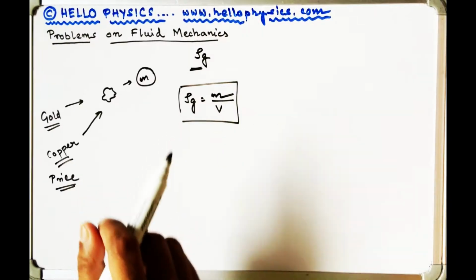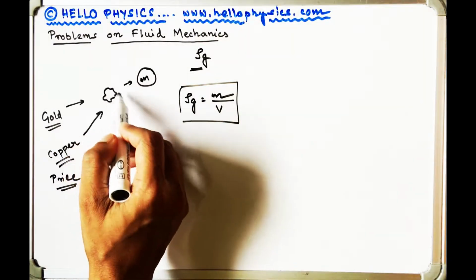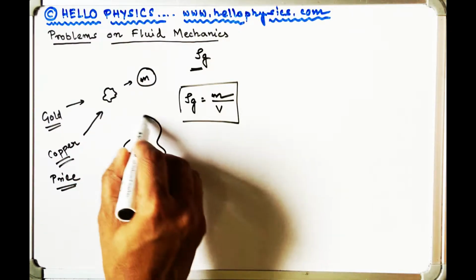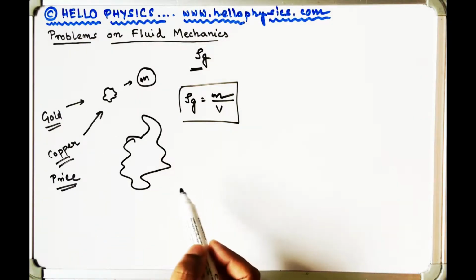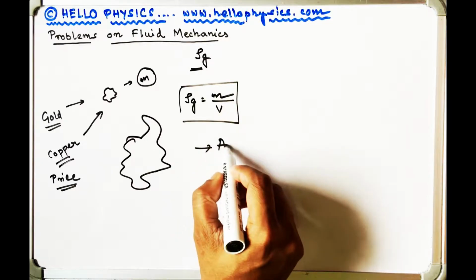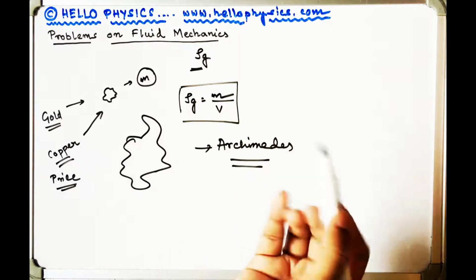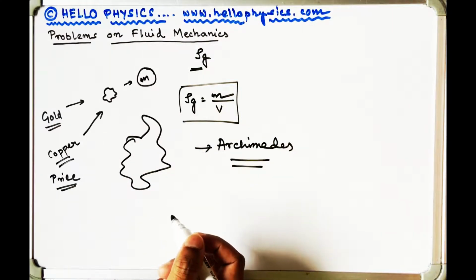But what is the difficulty? The difficulty is to measure the volume of this object. It's not easy because it's a random kind of shape. Let's say something like this. How do you measure the volume of this piece? See, Archimedes principle can be used to measure the volume of different shaped objects.